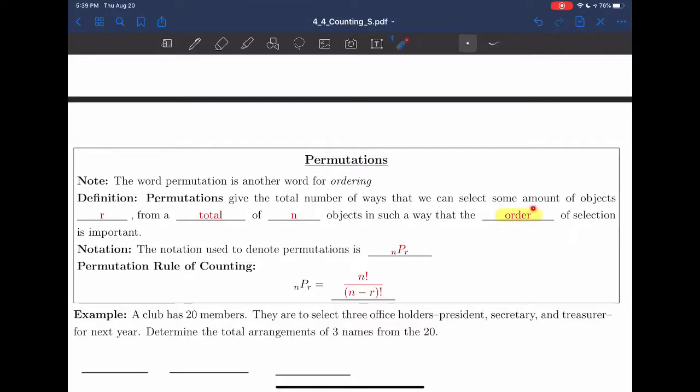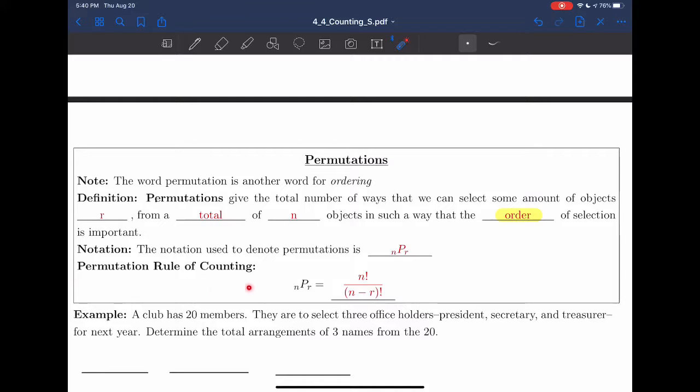Some of the notation we're going to use is little n, big P, and then little r. The way I like to say this is n pick r, where P is pick.